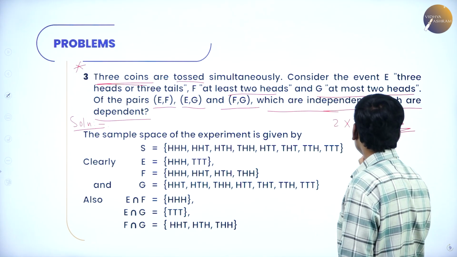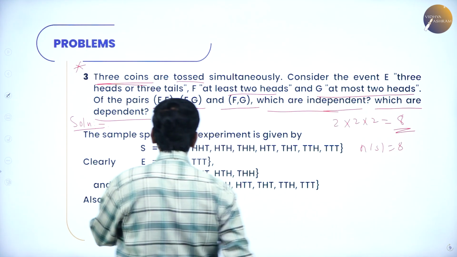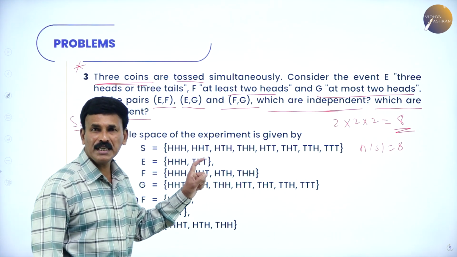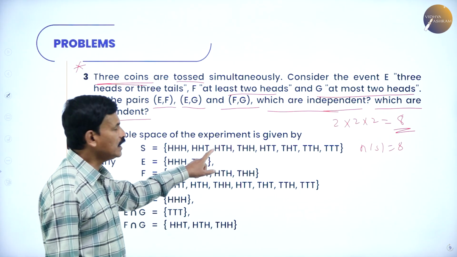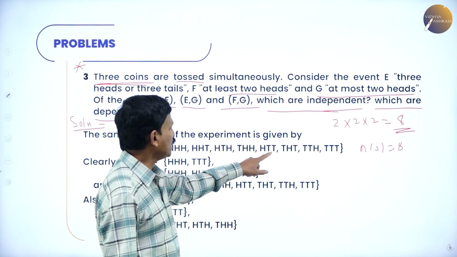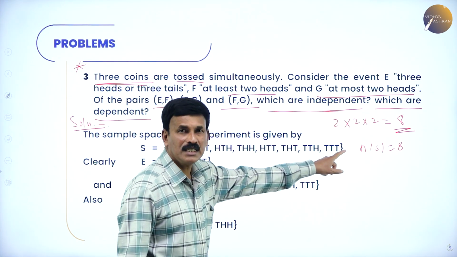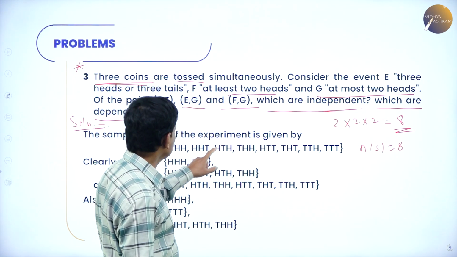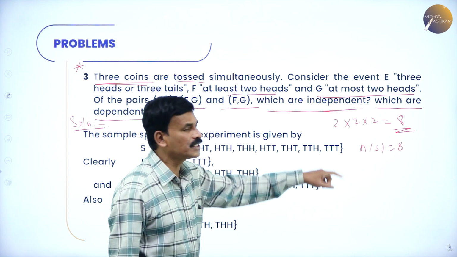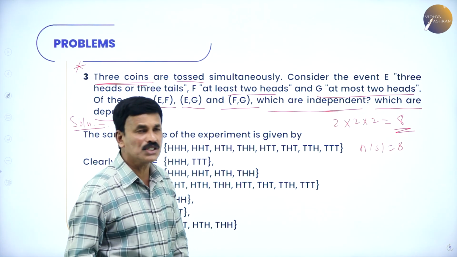So the sample space N of S contains 8 events: HHH, HHT, HTH, THH, HTT, THT, TTH and TTT. So totally 1, 2, 3, 4, 5, 6, 7, 8. So the sample space contains 8 events. N of S is equal to 8.